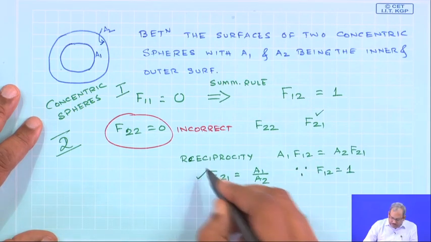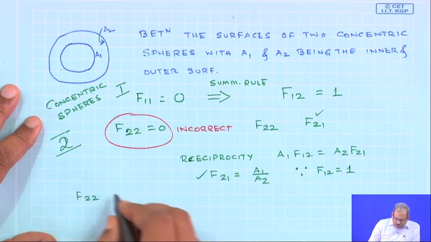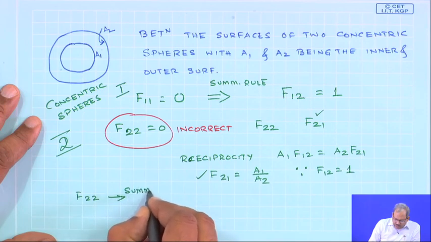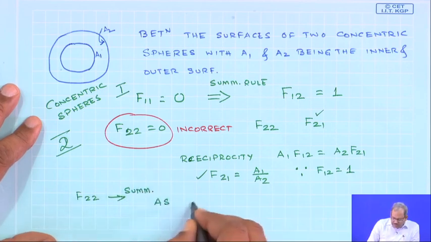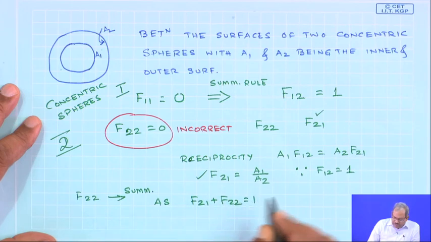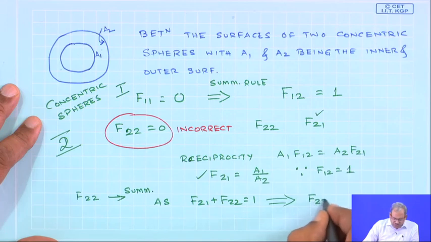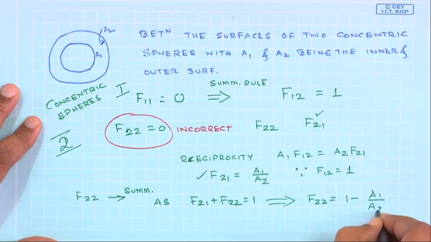You can then calculate F22 from summation as F21 plus F22 is equal to 1. So, this must give you F22 as 1 minus A1 by A2.